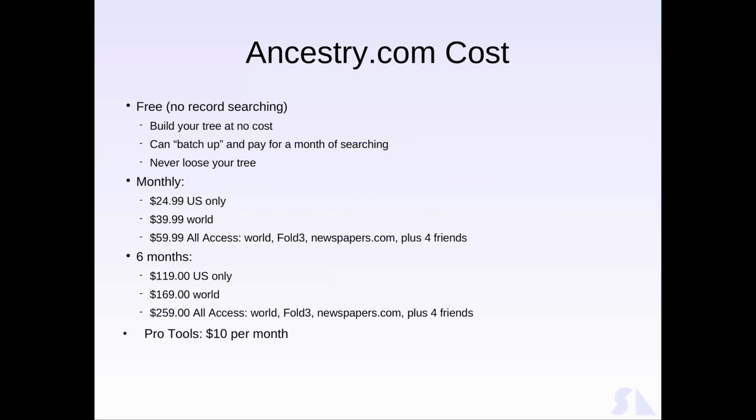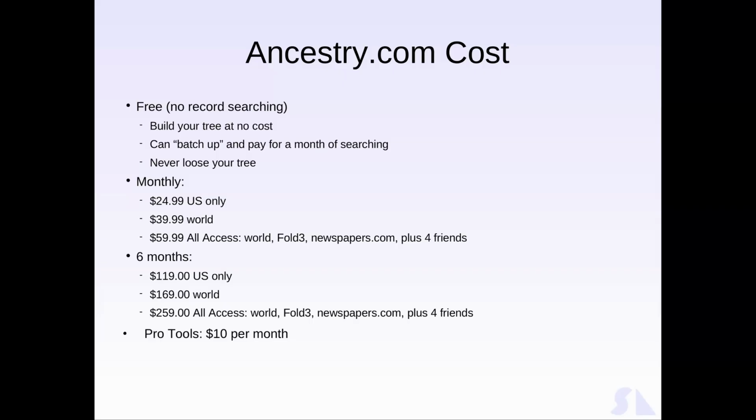So just a little bit about the cost. You can have a free account, as I mentioned. You can build a tree on there at no cost. The only thing you can't do is use their search facilities. So the free account doesn't allow you to do searching, but it does allow you to build a tree if you want. One option that some people use is that they will batch up their searches.